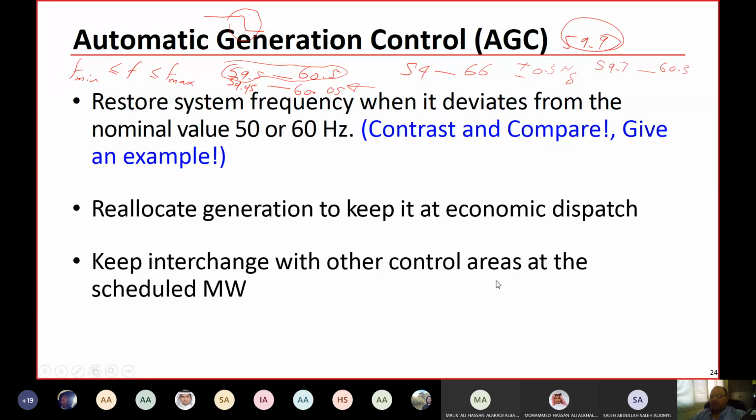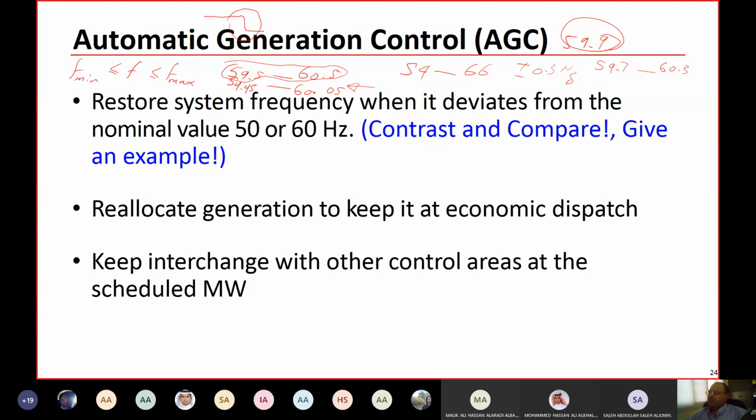Keep interchange with other control areas at the scheduled megawatt. Of course, there are some contracts between the utilities, especially between countries, for example Saudi Arabia with Bahrain. If Bahrain asks for 100 megawatt, Saudi Arabia should be committed to supply 100 megawatt to Bahrain, and this is on a contractual basis.